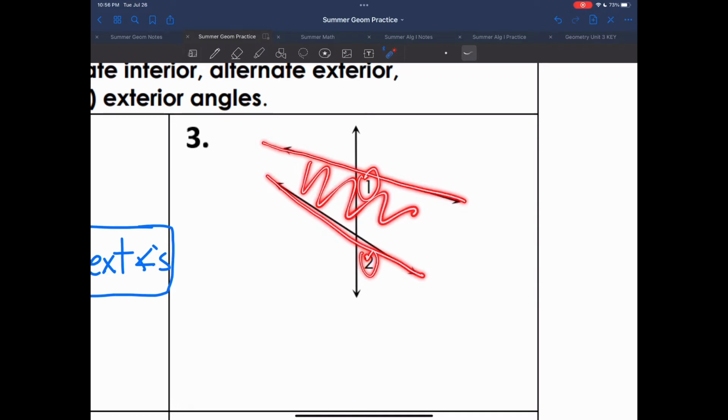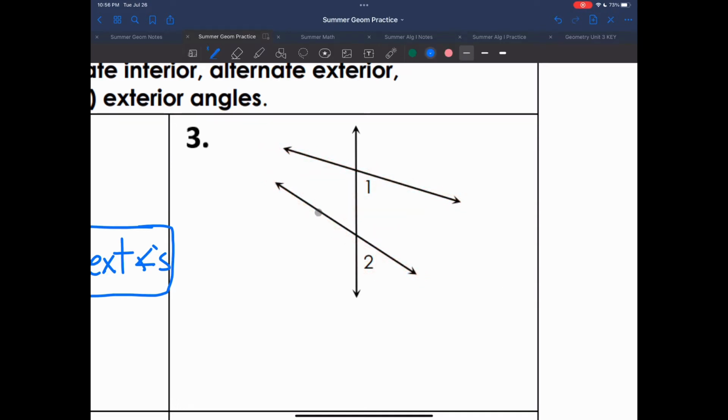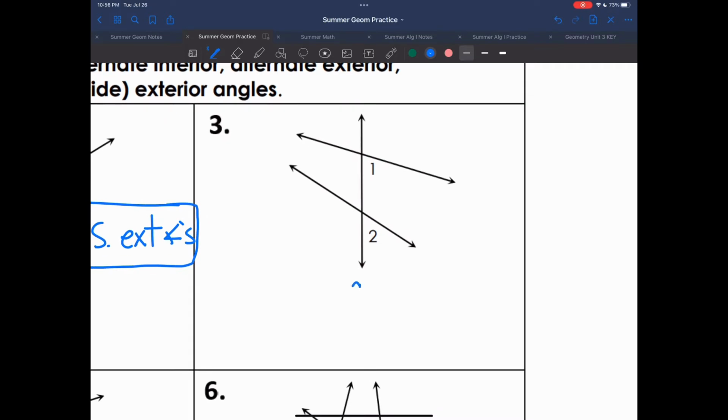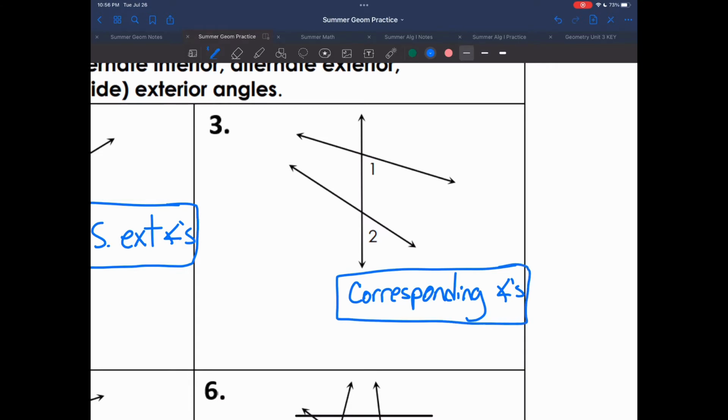When this happens, it's not actually a same side situation. These are corresponding angles, kind of the odd one out. Corresponding is like its own thing. Corresponding angles. That's it. So anytime they're tricking you into a same side relationship, but one is inside and one is outside, those are always going to be your corresponding angles.